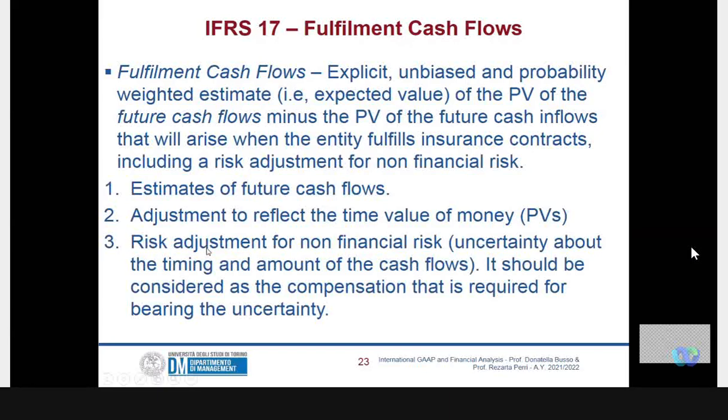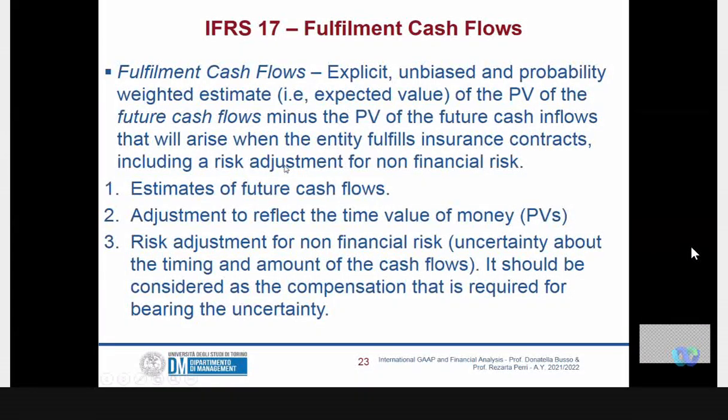Another step is to adjust for the non-financial risk. Now, again, the non-financial risk is uncertainty about the timing and amount of the cash flow, and this relates to the general market. It should be considered as a compensation that is required for bearing the uncertainty. These three are elements that should be included in the calculation of fulfillment cash flow.